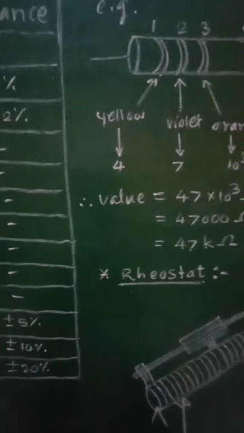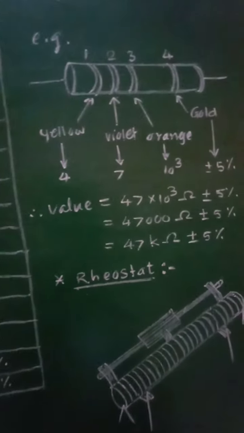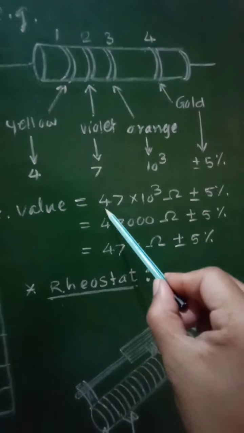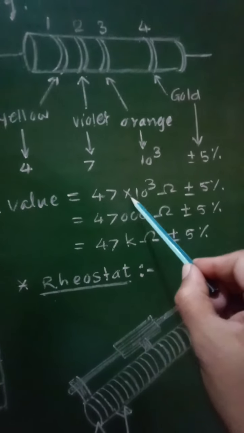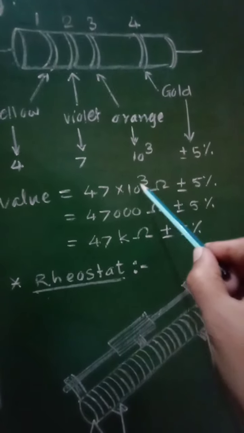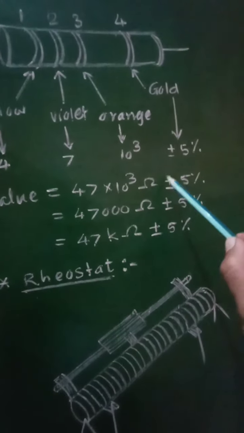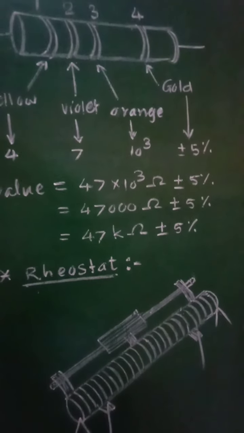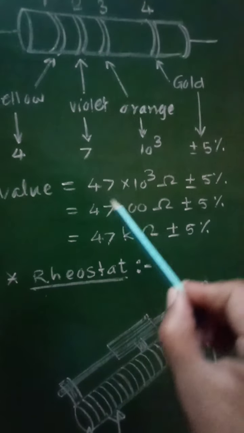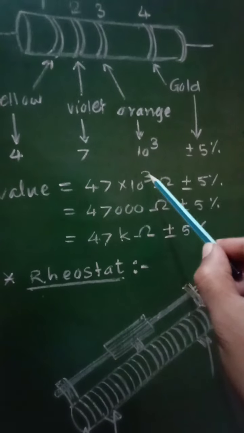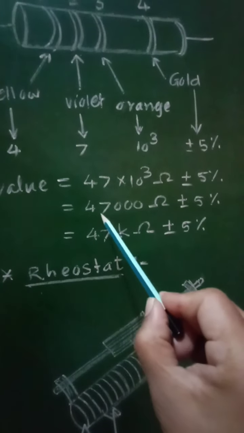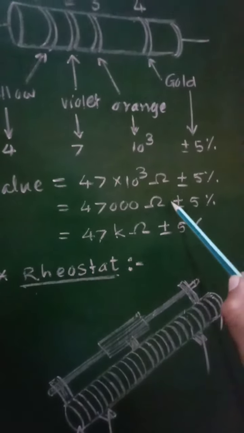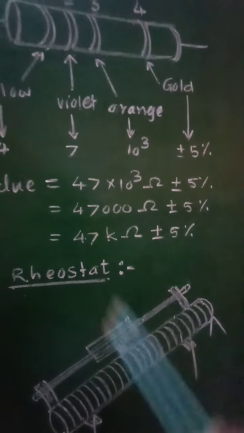And therefore the value of that resistance will be written as, first of all the 2 digits, that is 47, into the multiplier, that is into 10 raised to 3 ohm, plus minus tolerance of 5%. It can also be written by multiplying 47 by 10 raised to 3, it will be 47,000 ohm plus minus 5%.